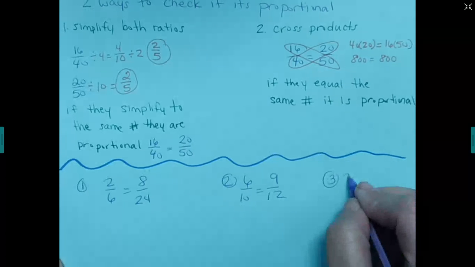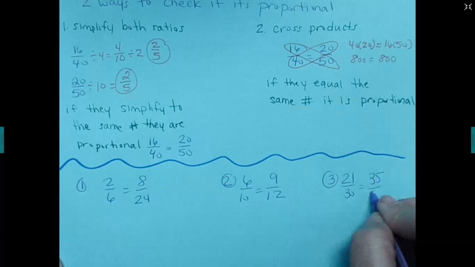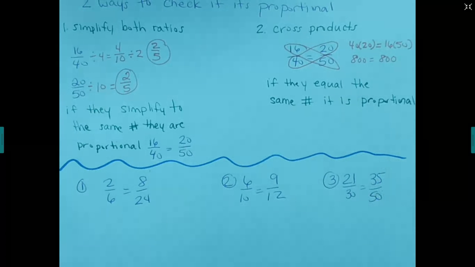Third one, 21 over 30, 35 over 50. Use either method that you would like. It does not matter to me. Pick whatever method you like. And then I'm going to open the polls in just a second. And you're going to write either yes or no.